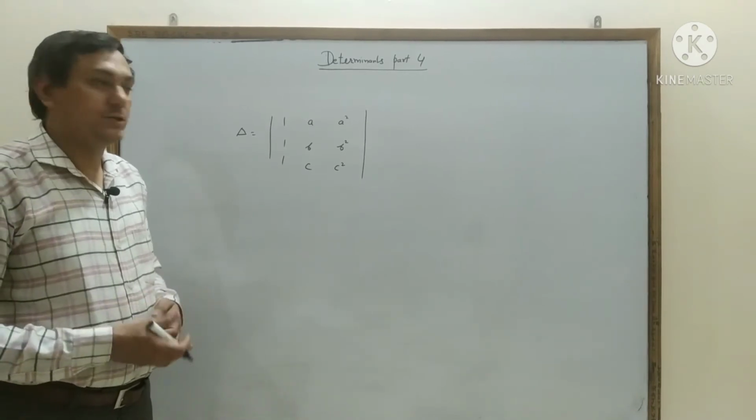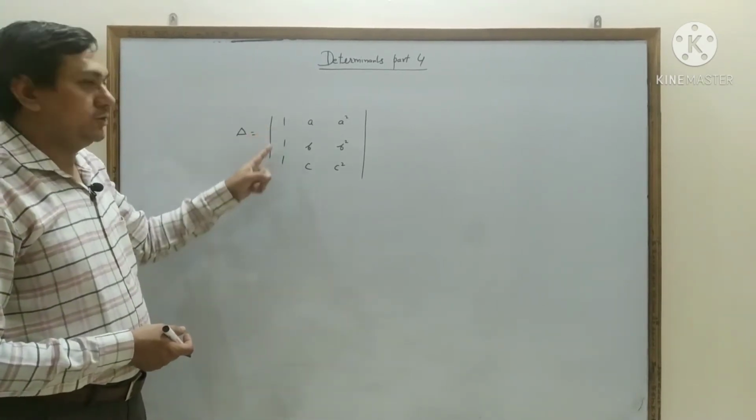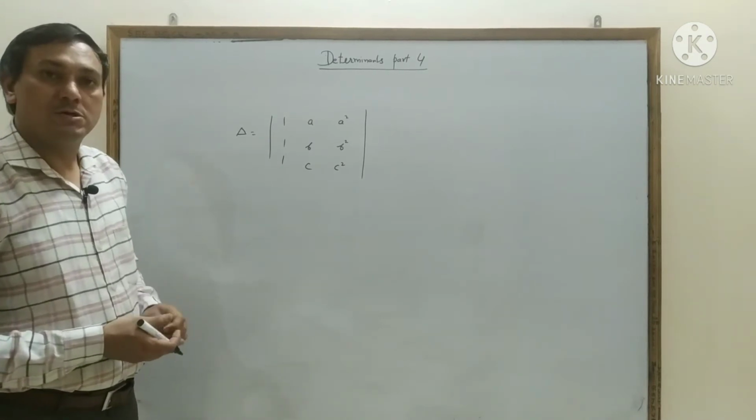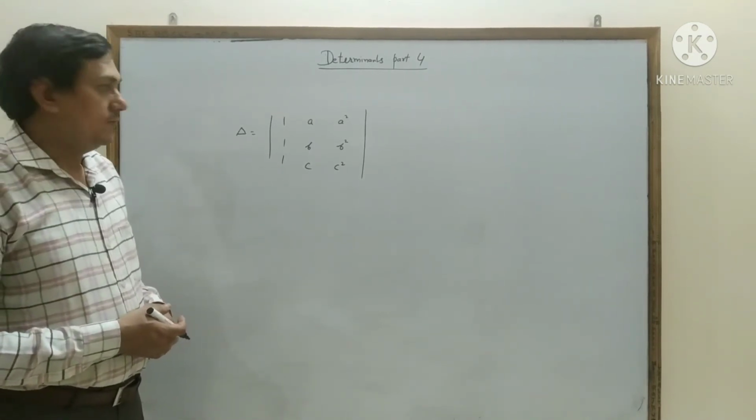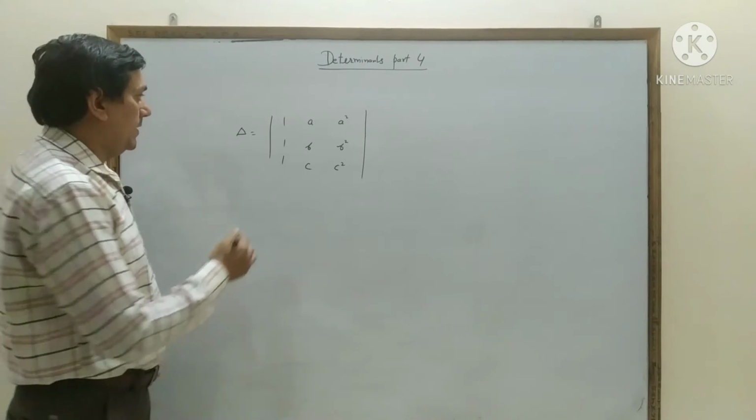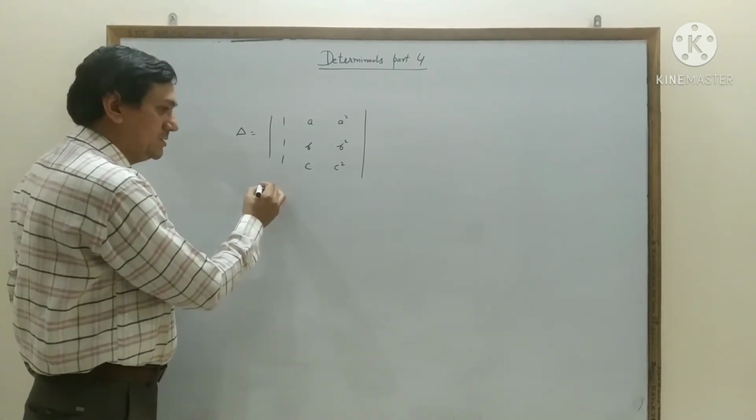All we have to do is to make two zeros in the same row or in the same column, and we can make it by the operations.